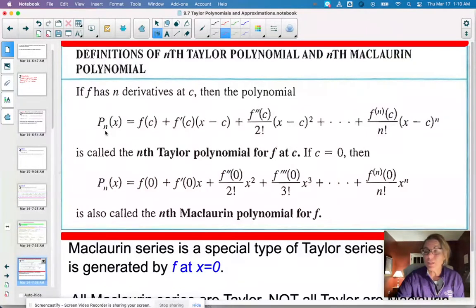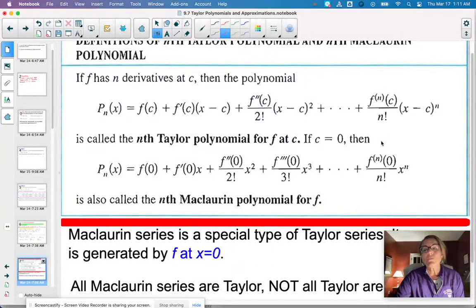Because as you can see, if I'm creating an nth degree polynomial, I'm going to have to take n derivatives divided by n factorial times x minus c to the n. And like I said, c is what the polynomial is centered around, and they have to tell us what that is.